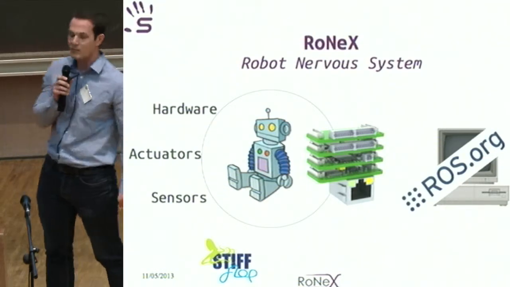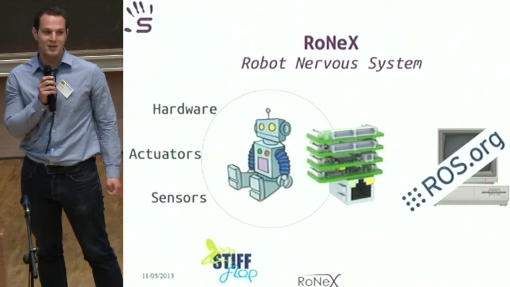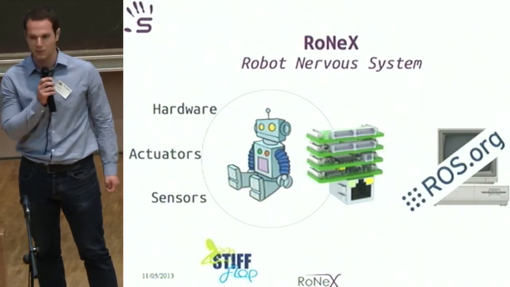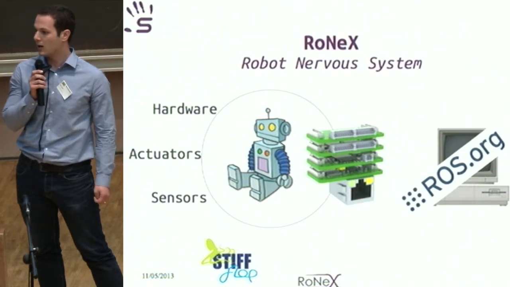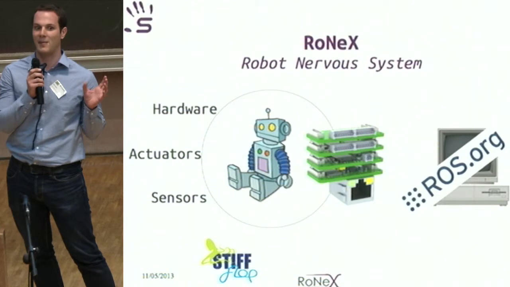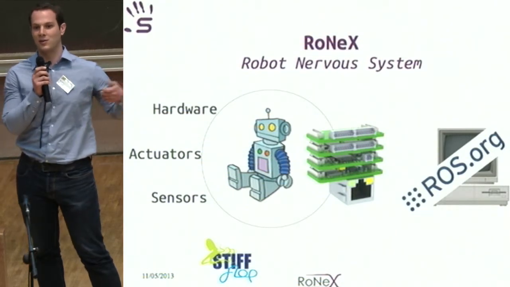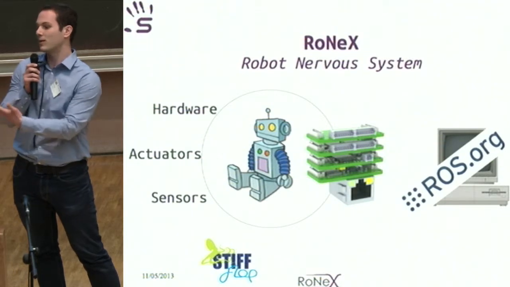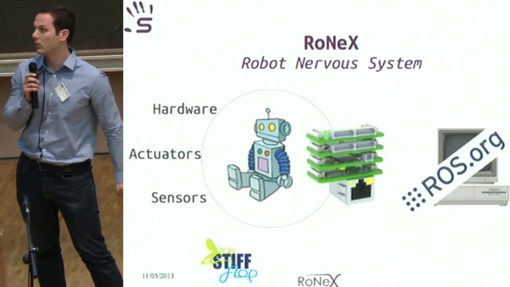We also want it to be easy to use. We want it to be plug and play, and we want to use ROS because we love ROS. That's why we're here. So it's basically a plug and play robot nervous system where you plug in your actuators, you plug it into your computer, and you get all the data on ROS.